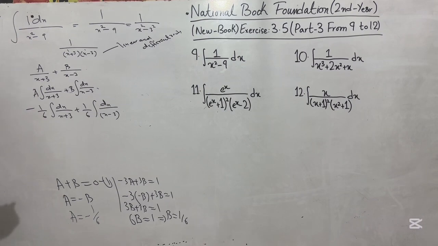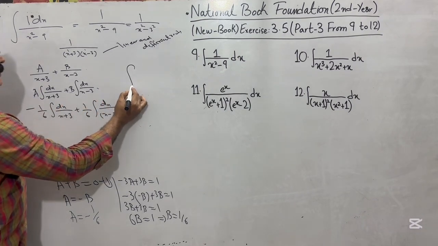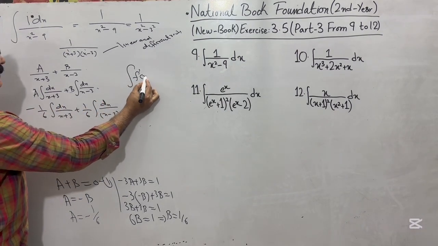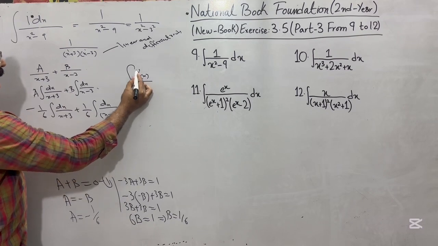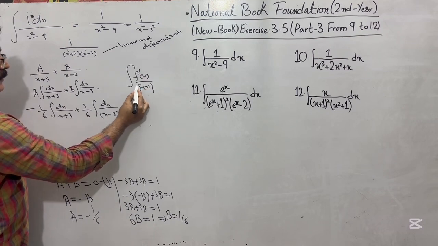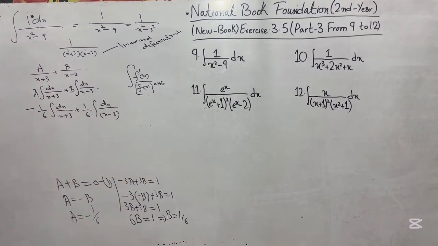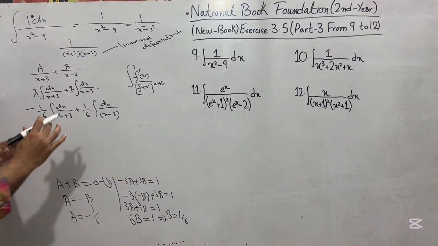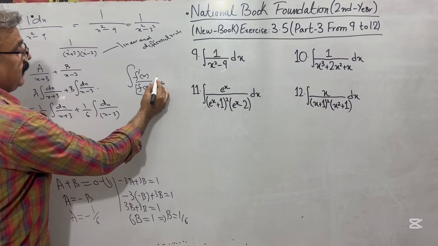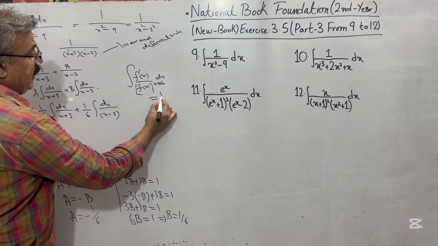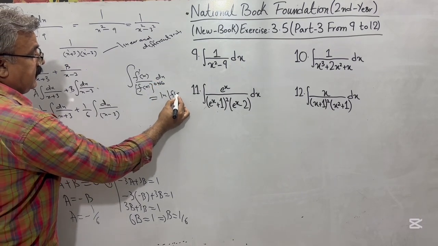Simple case. Let me explain again, because explaining over and over again facilitates our understanding. The function is in the denominator having overall power 1, and the derivative is present in the numerator. It is the case of ln, of whatever is present in the denominator.